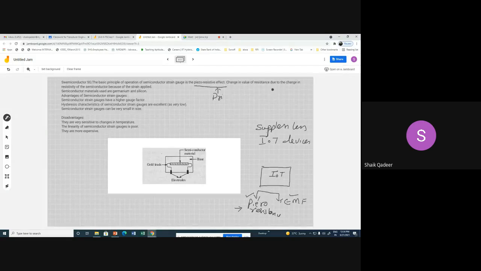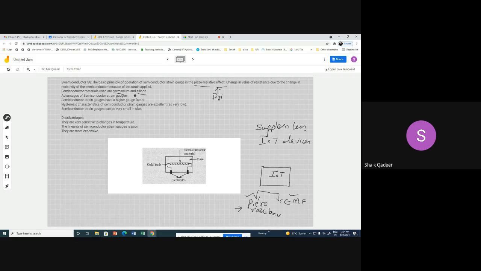The change in resistance here can also be tapped with the help of the Wheatstone bridge, right? So germanium or silicon can be used as the material to manufacture a semiconducting strain gauge, and it can generate a positive value or a negative value based on the type of doping used.